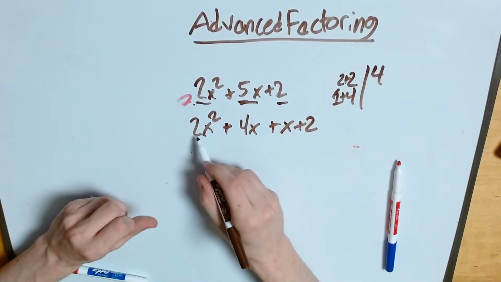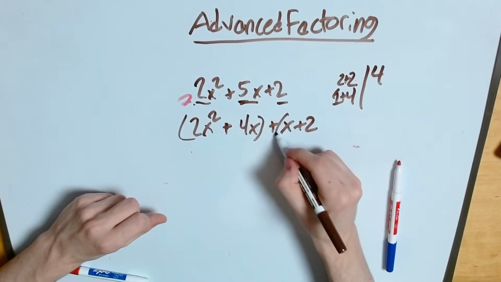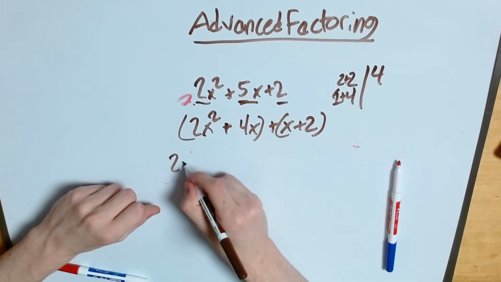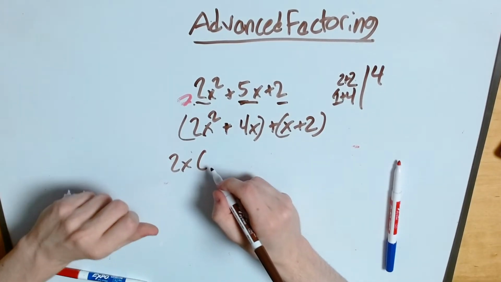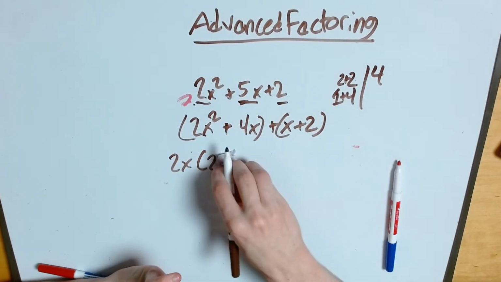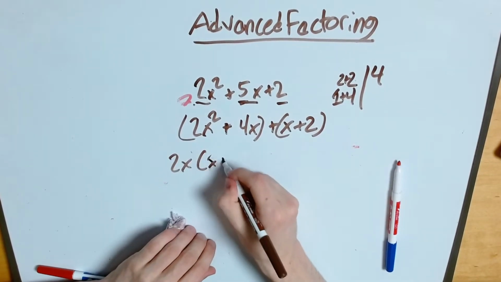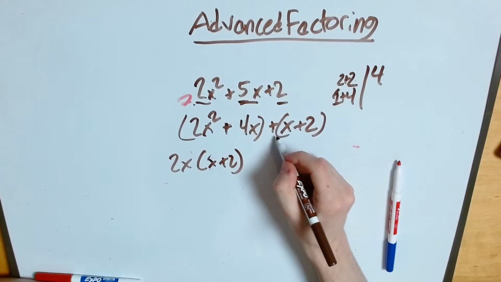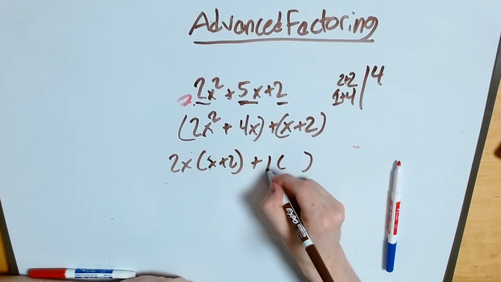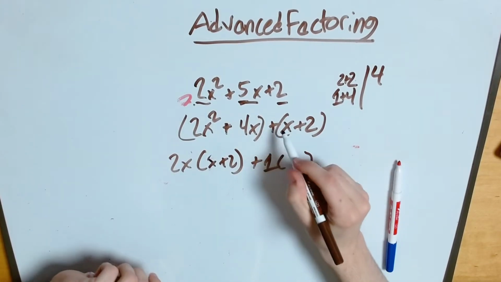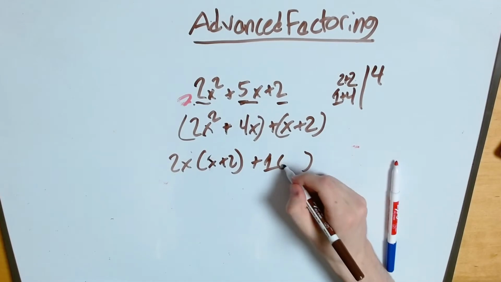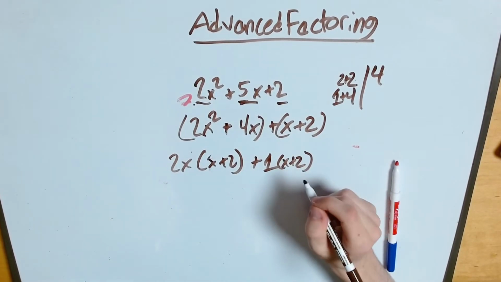Right, so here, in this section, I can pull out a 2x, and I'll be left with x plus 2. And here, I can't pull out anything, but I am still going to keep it in parentheses, and I'm going to write 1. And you'll agree, if we were to take 1 and multiply it by x plus 2, we would still have x plus 2.